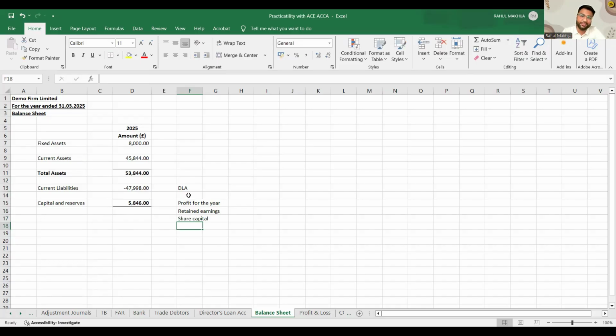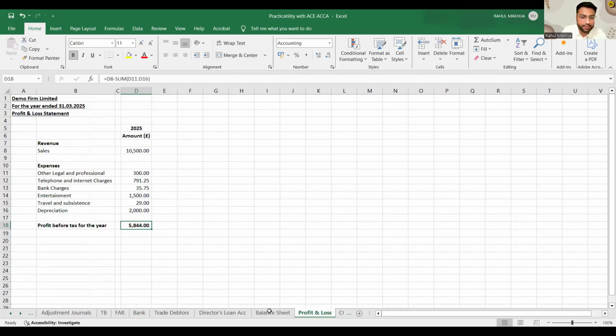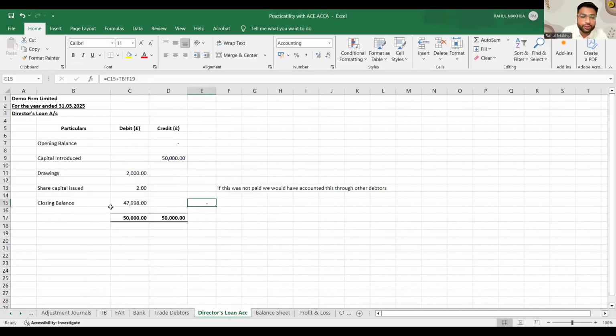From 11th to 12th classes, we have studied that the balance sheet should tally. So here, as the balance sheet tallied, we are so happy. If we cross-check the balance of capital and reserves, we can see that the profit before tax is 5,844 plus share capital of £2, which we have recorded here.